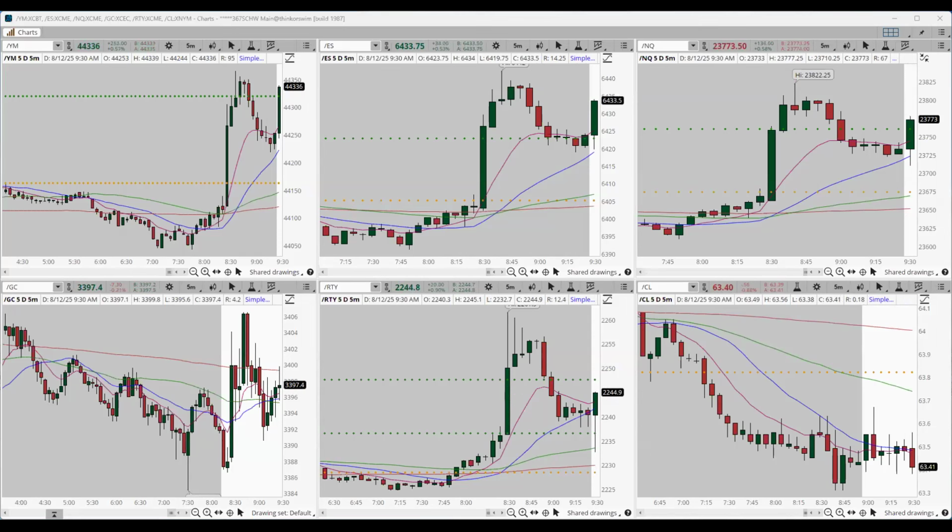We have just digested the minor resistance zone that we had at 760.